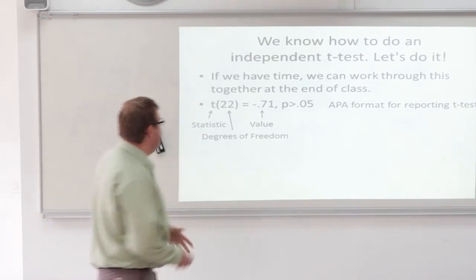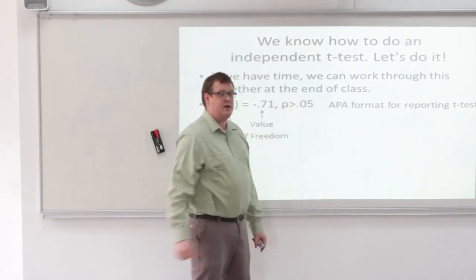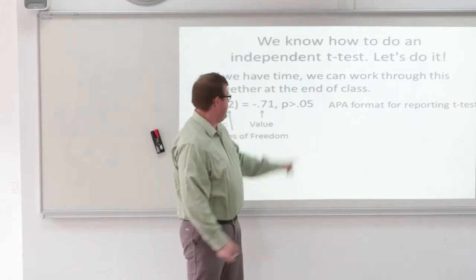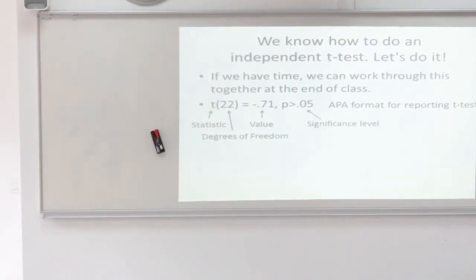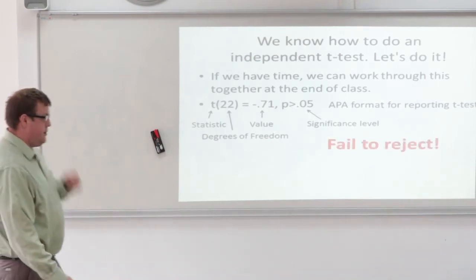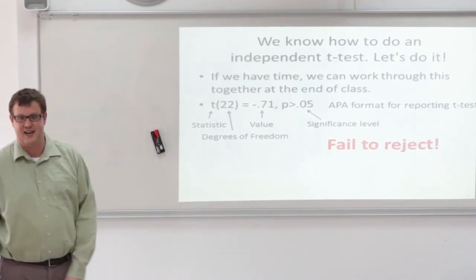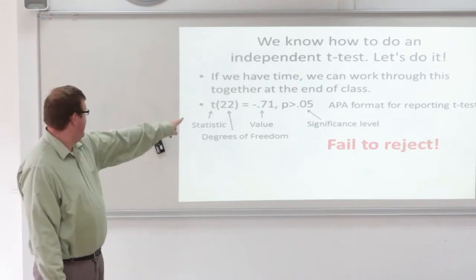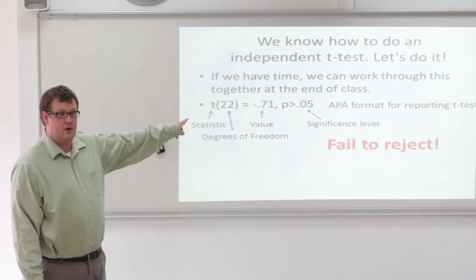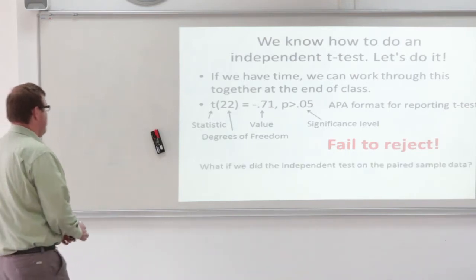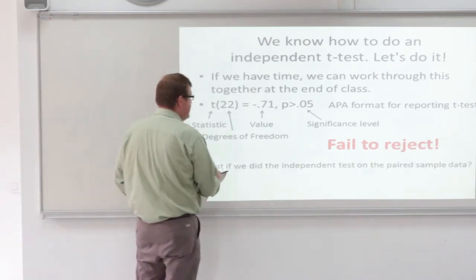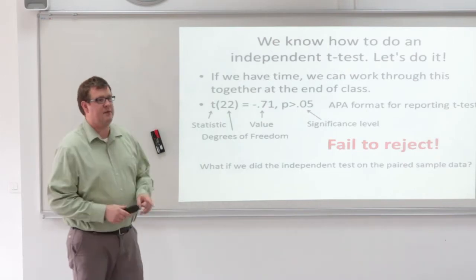But with APA, if you have something greater than your alpha, you just say greater than alpha. That's our significance level. We only reject if it's smaller than alpha, so we fail to reject. Now, what if we did the independent test on the paired sample data?